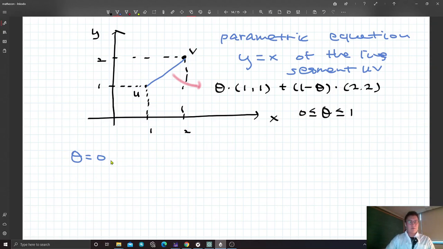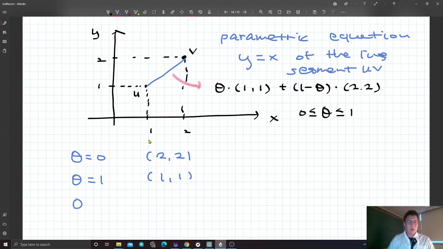If theta is equal to 0, then this equation comes down to (2, 2). So that indicates the right endpoint. When theta is equal to 1, you can easily check this equation boils down to (1, 1). That corresponds to the left-hand point of this line segment.